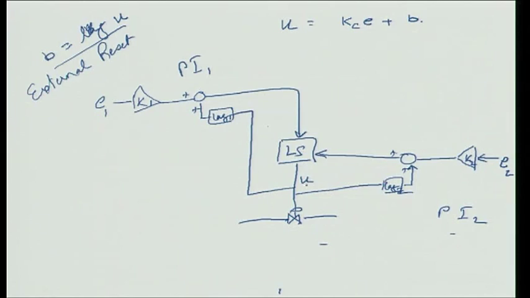If I take external reset from whatever is implemented, then please note that this bias and this bias will keep getting updated to match, so that the implemented signal is matched: B2 will get updated so that B2 is close to u. Similarly, B1 will get updated so that B1 is close to u.